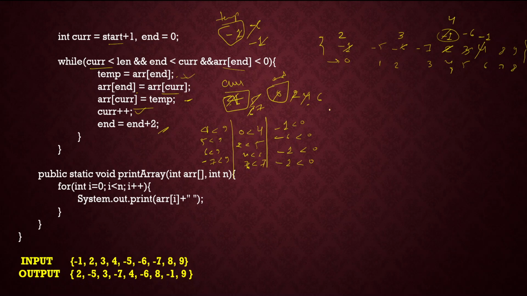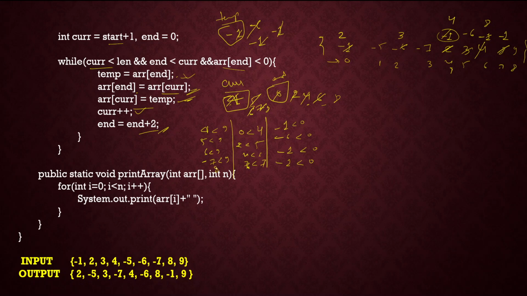So now again we have to take the value of array of end, -1, and swap array of current with array of end. Array of current, what is it? Seventh value will be placed at 8 and -1 will be placed here. This has completed. Current plus plus, which is 8, and end will be 6 plus 2, 8.